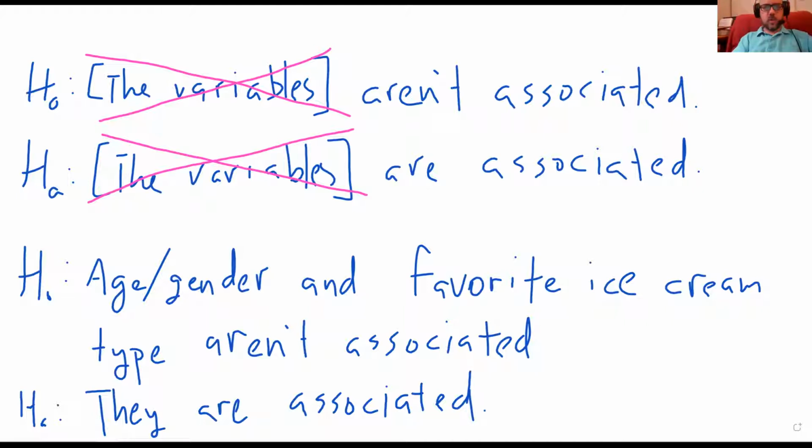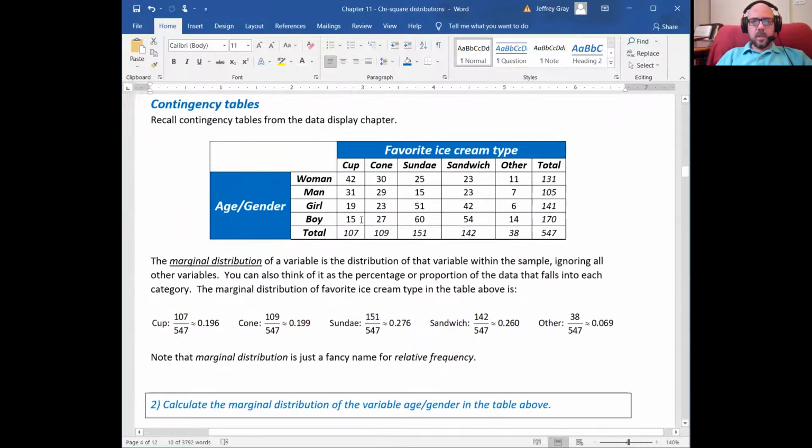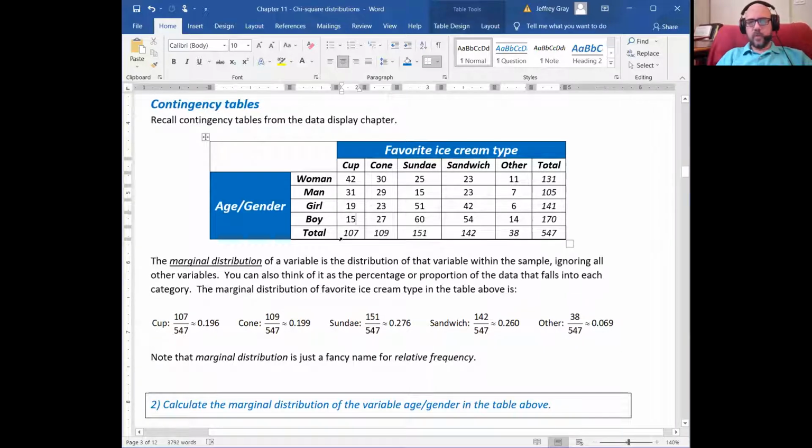They are correlated. There is a correlation between age, gender, and favorite ice cream type, et cetera, et cetera, et cetera. Okay. Here's how we're actually going to do this. I'm going to use the calculator, because as you can imagine, that whole process that I just described of going through and calculating the expected number of, say, women who like their ice cream in a cup by doing 107 out of 547 to get the percentage, and then multiplying that by 131, that gets you E. And then you have to calculate observed minus expected squared divided by expected.